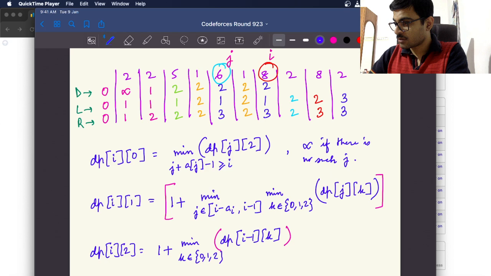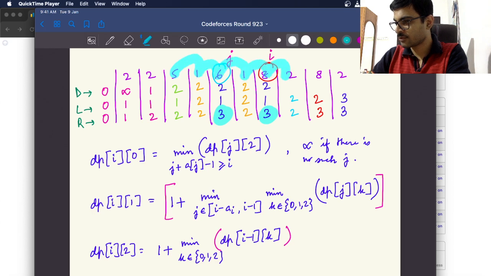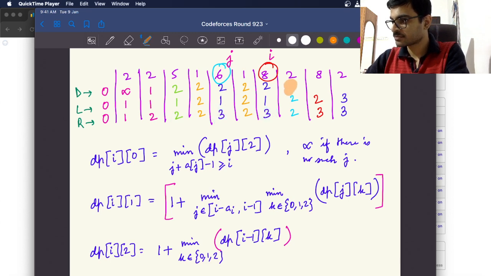So you will basically choose the minimum of the previous state. So 3, you can choose this. You can choose this 3. 5 also you can choose. So 1, 2, 3, 4, 5. Yes, 5 you can choose. So you can choose 2. So you get a 2 over here. So I'll put this 2 over here.